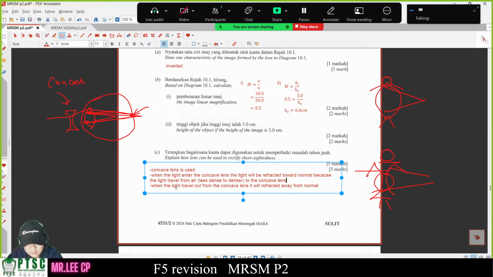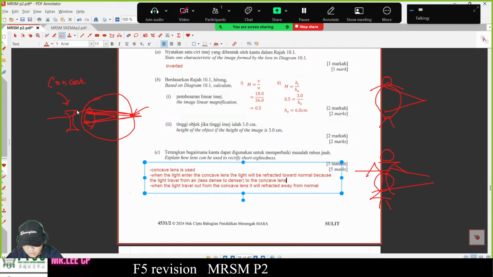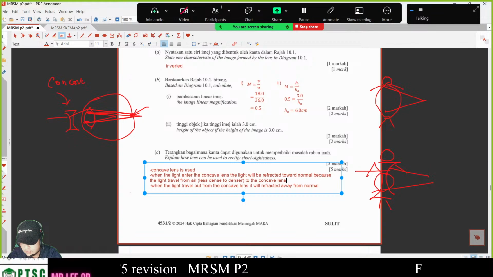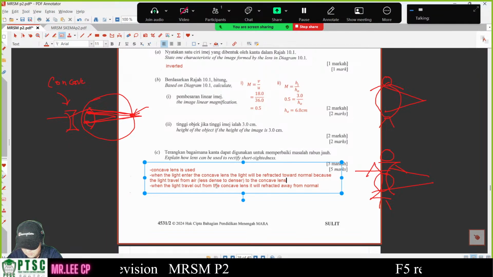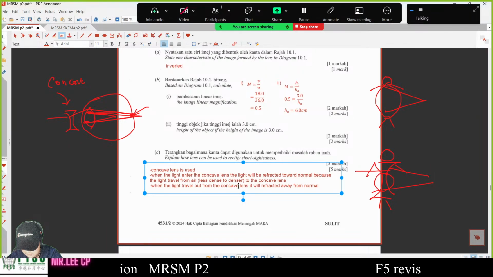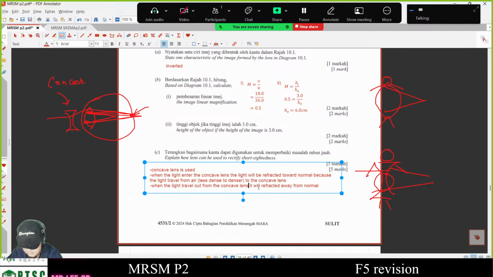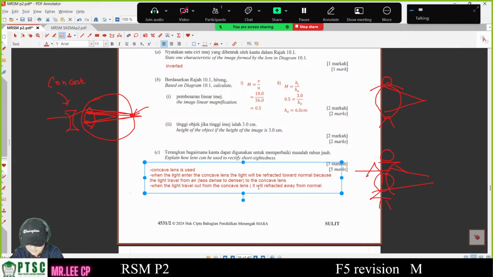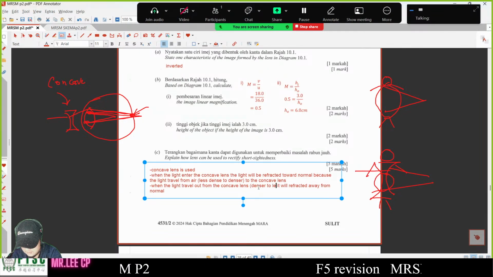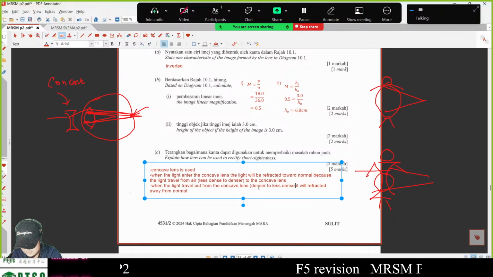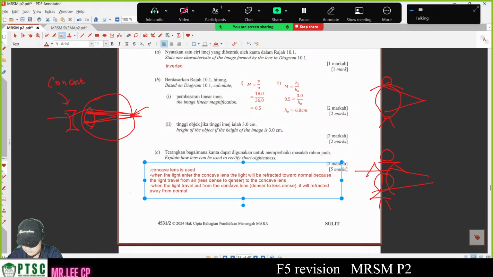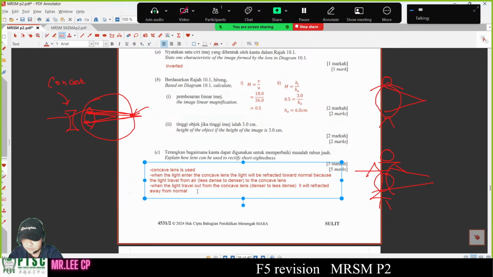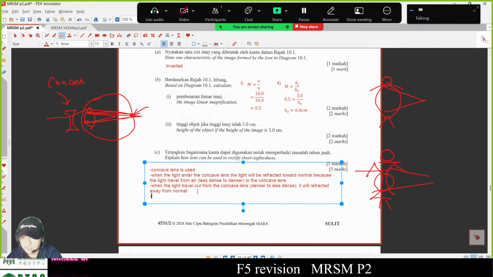Right, now when the light travels out from the concave lens, from denser to less dense, it will refract away from the normal. Okay, next one.